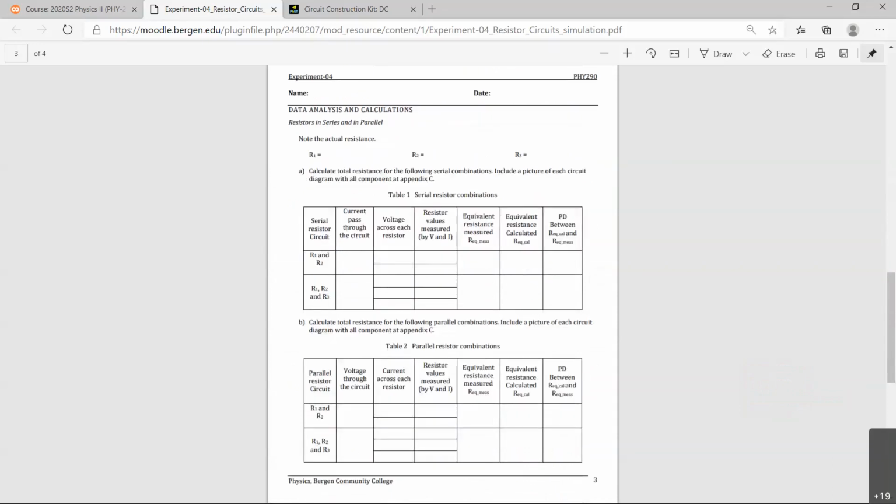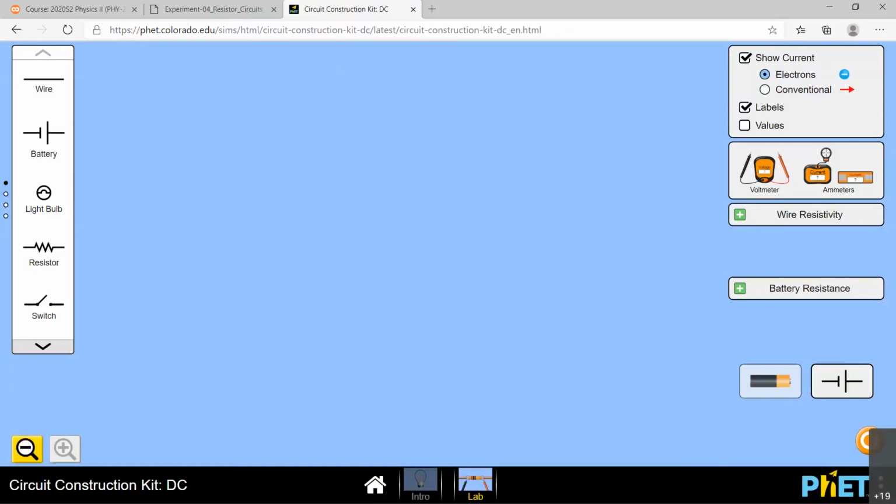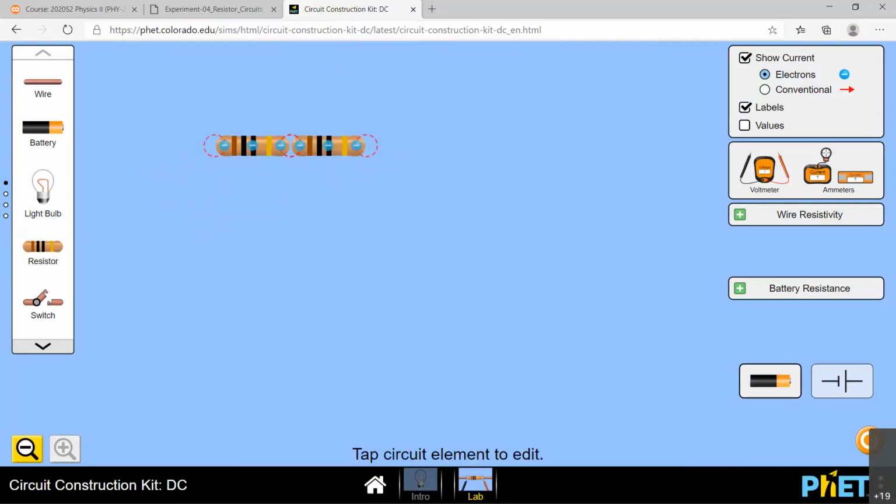So let's select 3 resistances. You can see the resistor here. Click and drag. I need 3 of them, right? 1, 2, and 3. And I need a battery. And we need a switch, right?